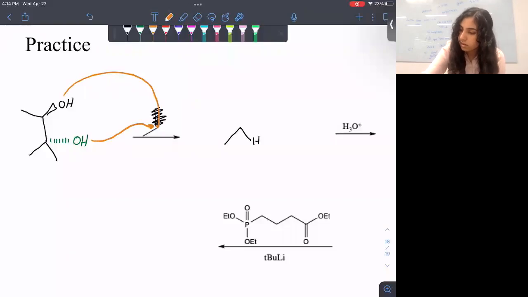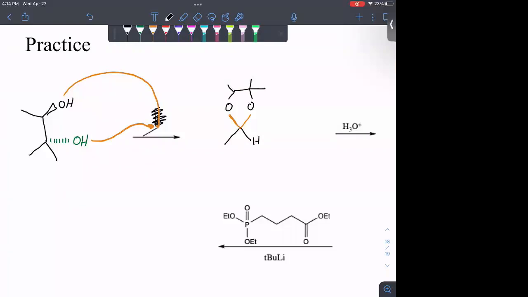So we have our aldehyde there, and then the new bonds between that and the diol. And that's your cyclic acetal.